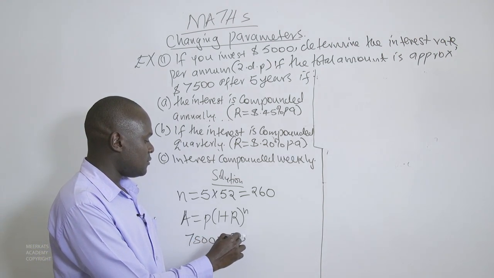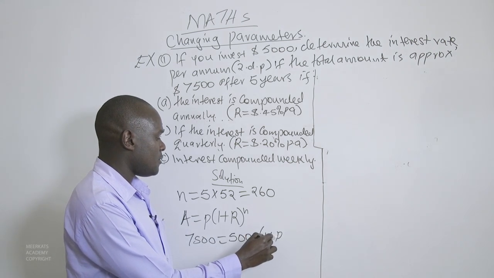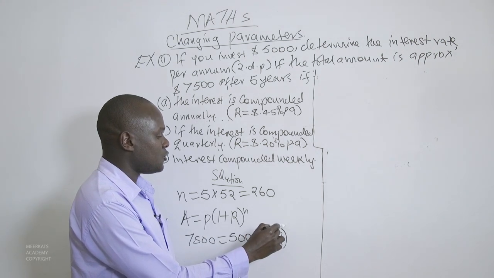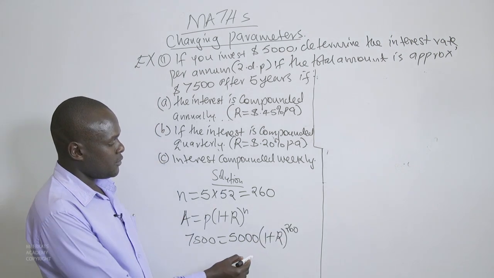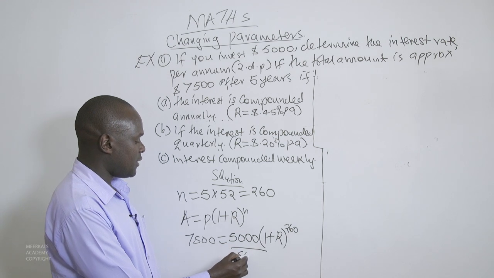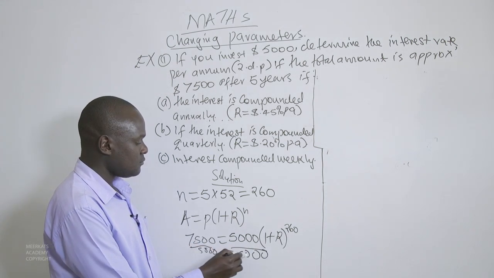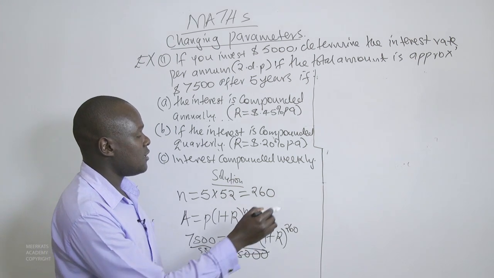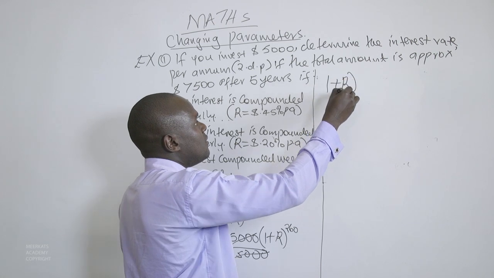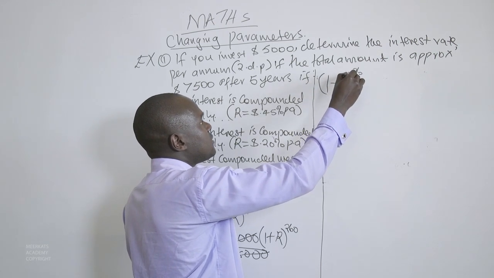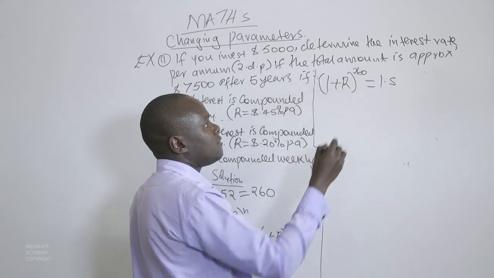The principal amount to be invested is $5,000. The rate is what we don't know. Those are what we are trying to find out. From this, we can divide all through by 5,000, so that this and this cancel. And we are going to have 1 plus r raised to power 260 being equal to 1.5.